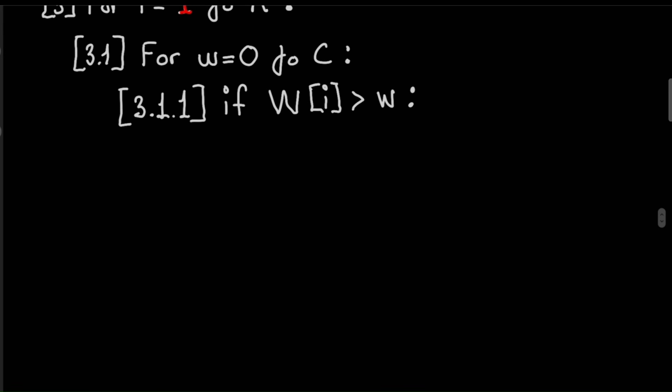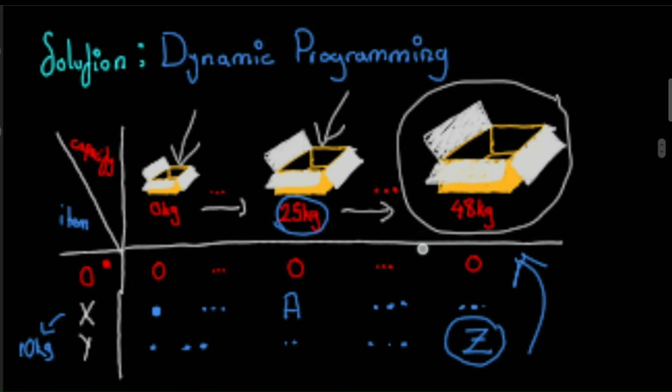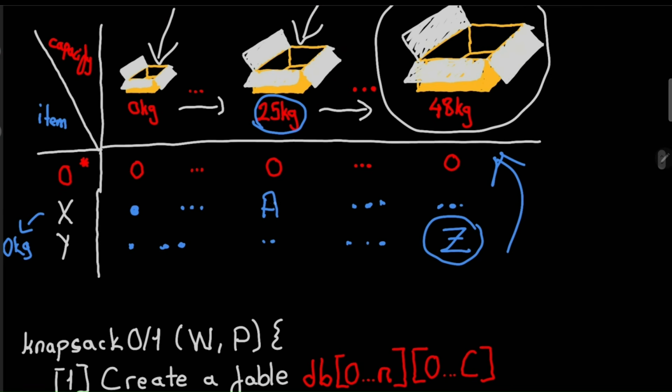Okay. If the item is too heavy for the current capacity W, we cannot include it, right? So we just copy the value from the row above, as we did here. If the weight of the item is greater than the capacity, then we are directly copying the previous row's value.